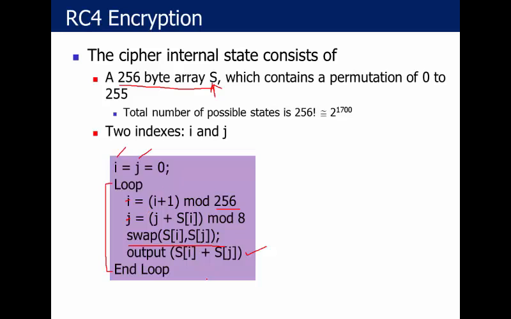This algorithm is very simple, but the total number of possible states is 256 factorial, which is almost 2 to the power 1700. If you have a calculator, I can find out 2 to the power 1700.